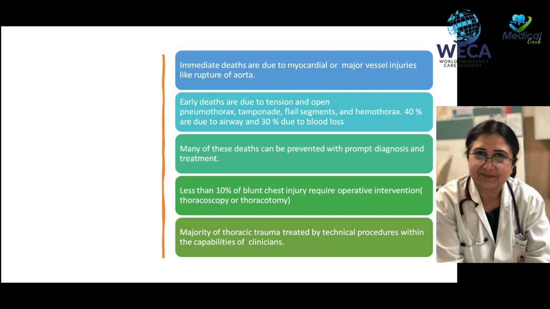Many of these deaths can be prevented with prompt diagnosis and treatment. Less than 10% of blunt chest injuries require operative intervention, like thoracoscopy or thoracotomy. It means that 90% of blunt chest injuries are managed conservatively and are treated by technical procedures within the capability of clinicians.